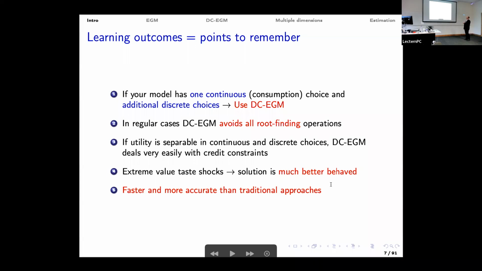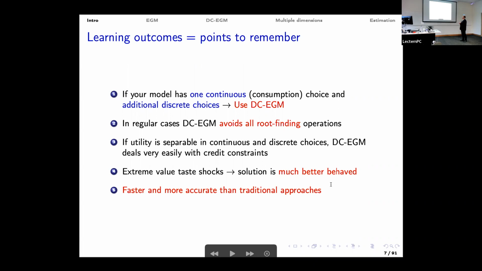The reason is that this approach essentially avoids the root-finding steps in the solution algorithm. So instead of doing tedious iterative equation solving, you're just calculating the solution of the problem directly.